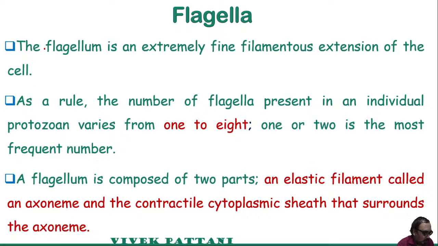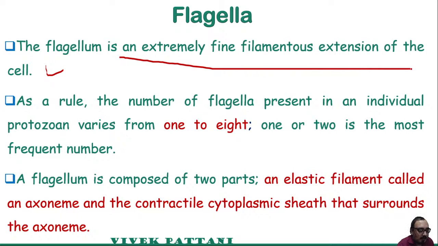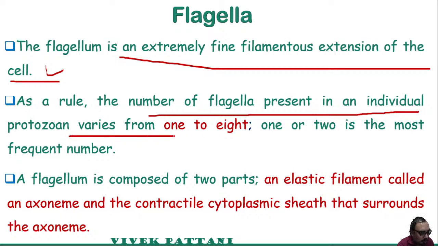Now comes the flagella. A flagellum is an extremely fine filamentous extension of a cell. As a rule, the number of flagella present in an individual protozoan varies from 1 to 8, where 1 or 2 is the most frequent number found.